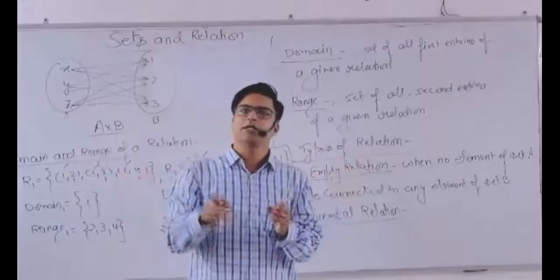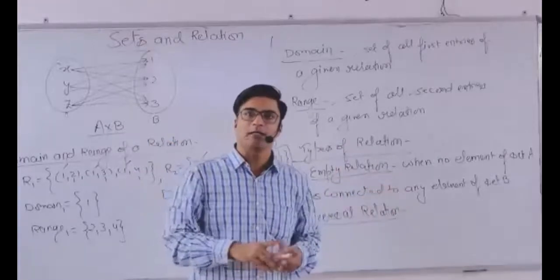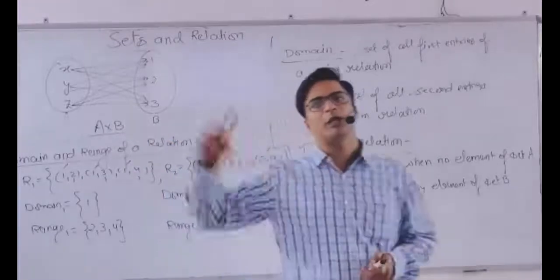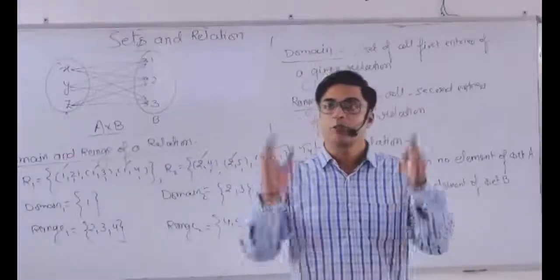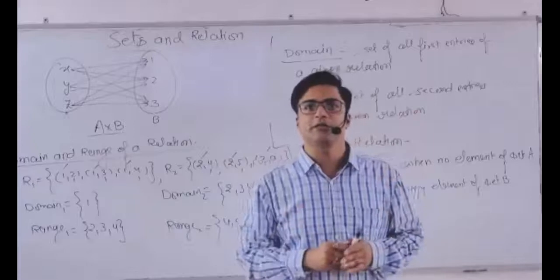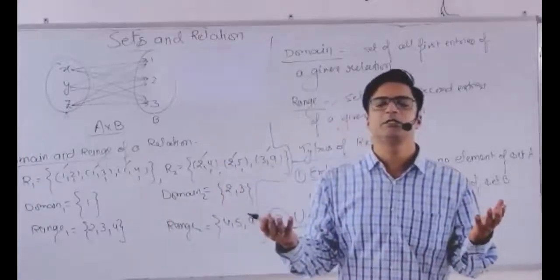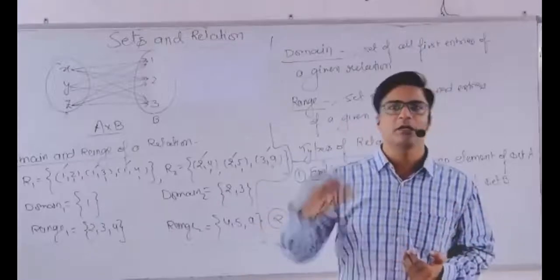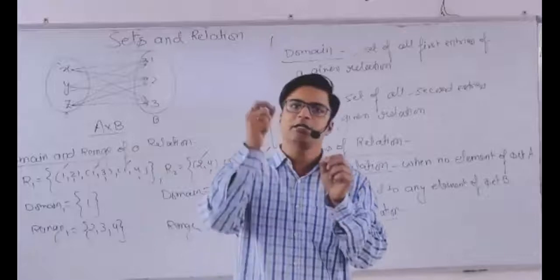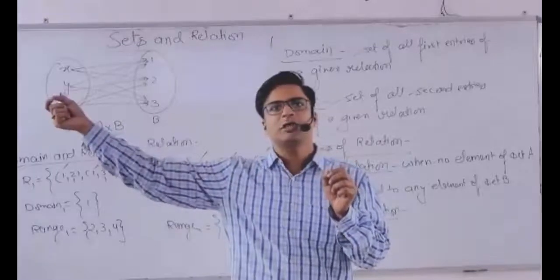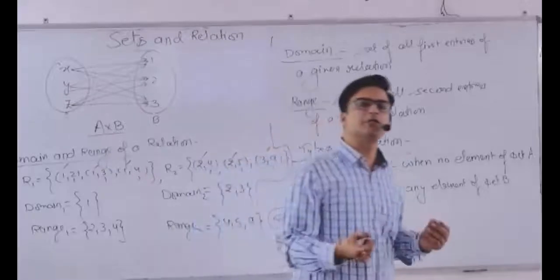So I can connect each and every one of you with each and every other student. In fact, I can connect you with our first year students also. Yes or no? Because the connection that I'm defining is that you must be a student of KVC. They are also students, you are also students. So definitely I can connect each and every one of you with each and every one of first year students. So it is basically universal relation.